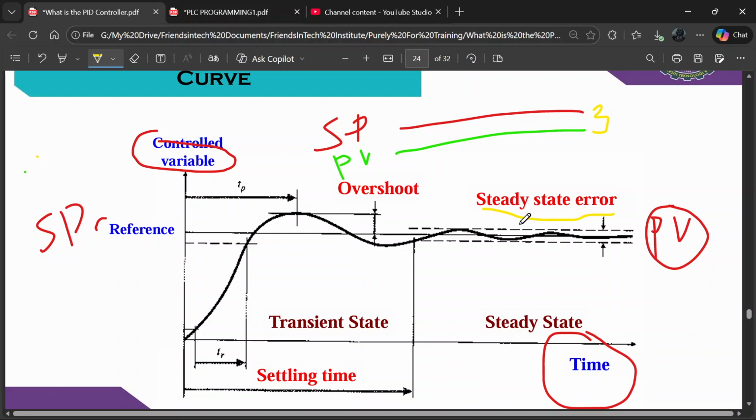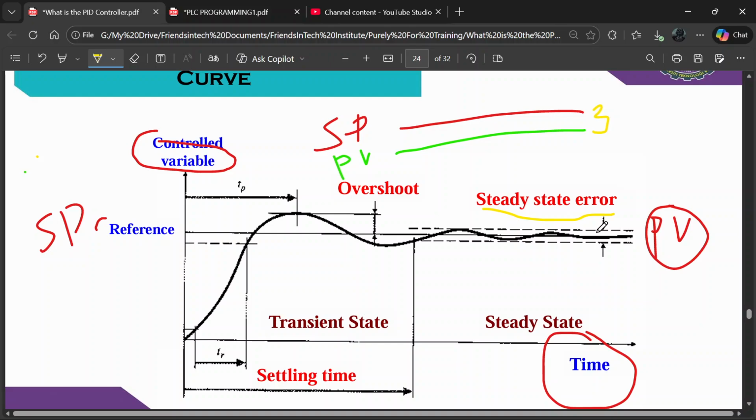That is what is called steady state error. Your process variable is not matching completely with your reference value. So whatever you're getting from your feedback sensor is not really matching completely with your set point. So it's dancing there, swimming there. That is what is called steady state error.